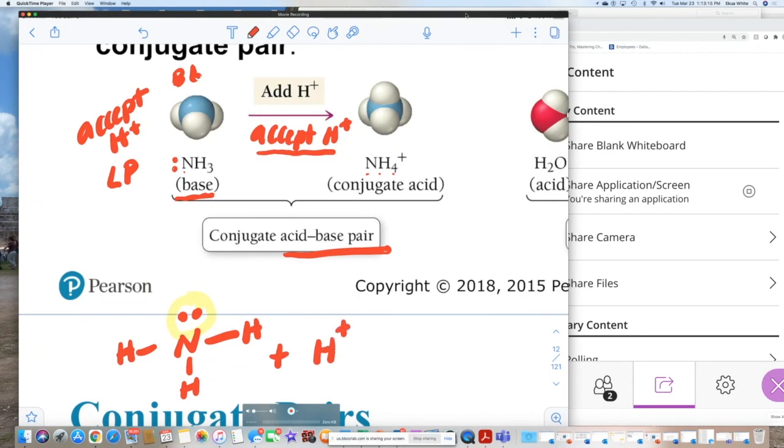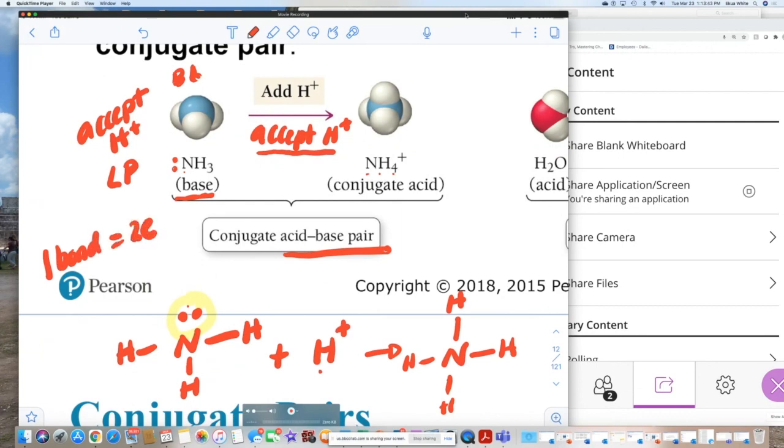Once NH3 accepts H plus, where does the H go? This H goes over here. So we end up with N in the middle, H, H, H, then the fourth H going here. But where did this bond come from? Remember 1411? I know I keep saying it, but that's a prerequisite for this class. One bond is usually made up of two electrons.